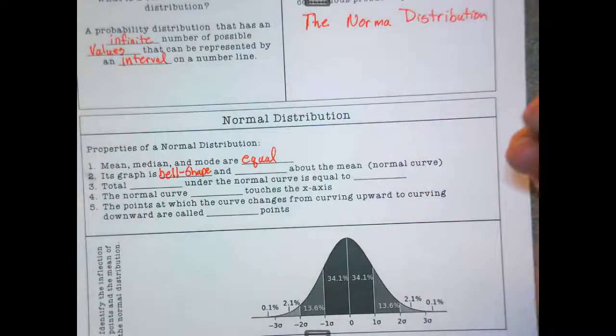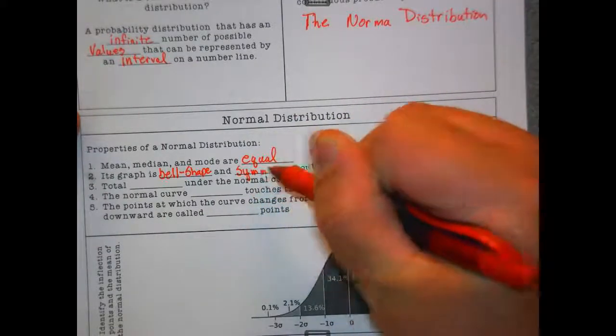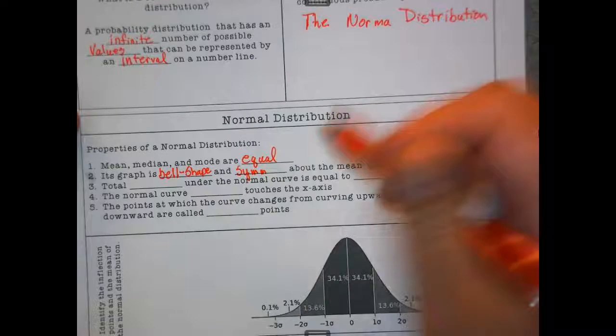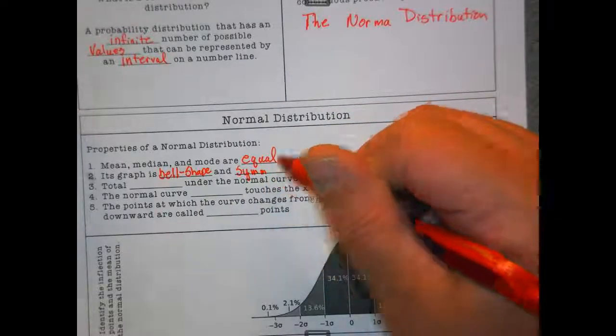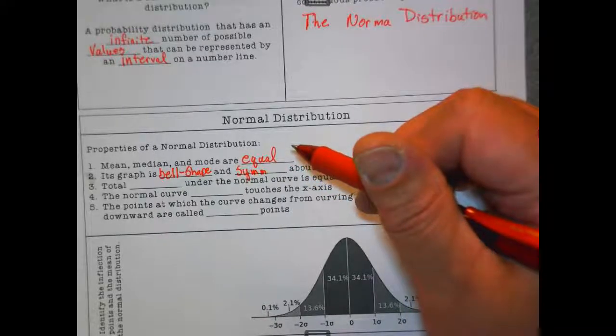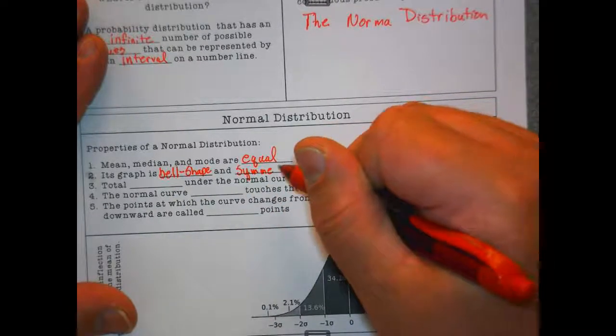Also, I think I gave this one away too, it's symmetric. Yeah, bell curve is fine too. You got bell curve on there, that's fine. It's symmetric.